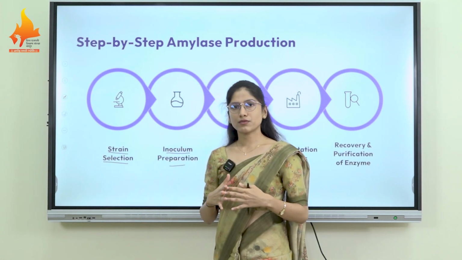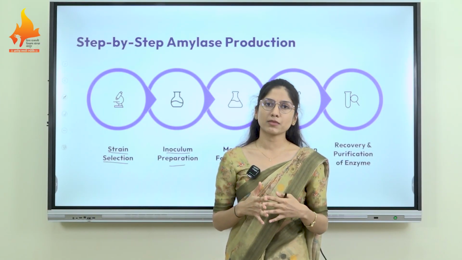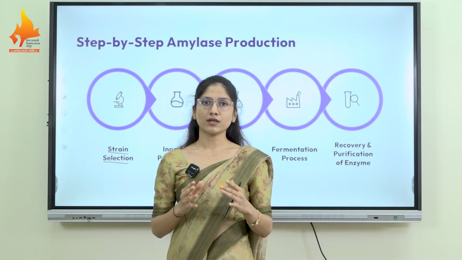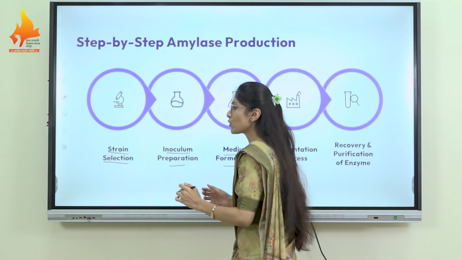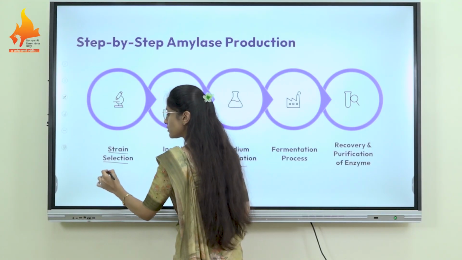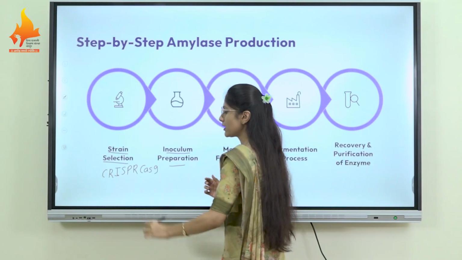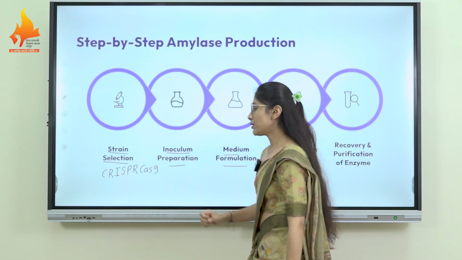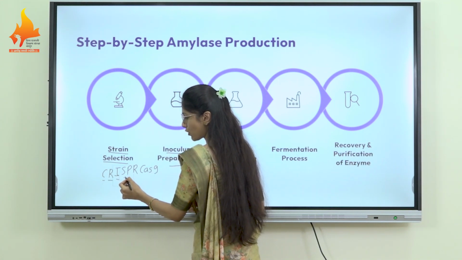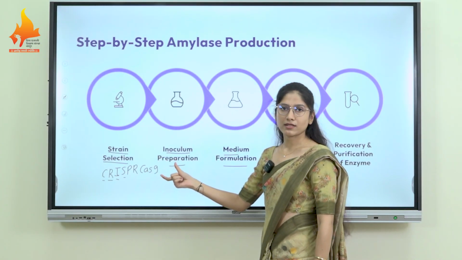In this process, we expose the cell to UV light and certain specific chemical agents that change its genetic makeup. Also, we use a targeted approach technique, that is CRISPR-Cas9. The CRISPR-Cas9 system stands for clustered regularly interspaced short palindromic repeats, associated with the Cas9 protein.